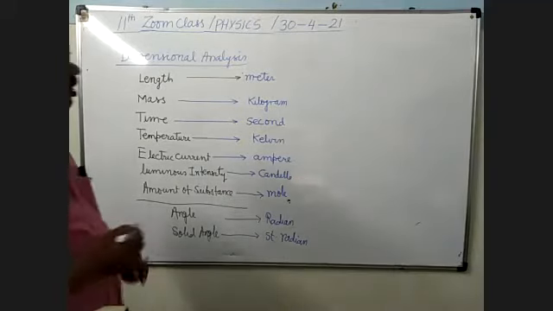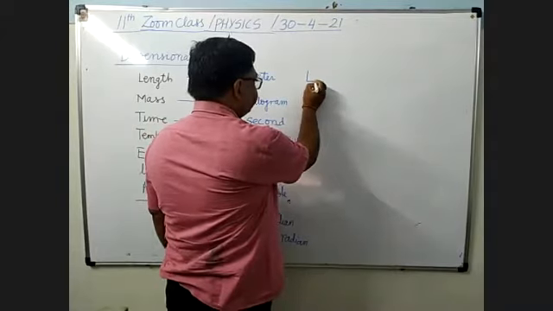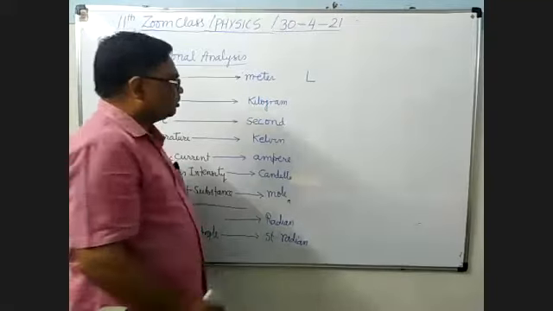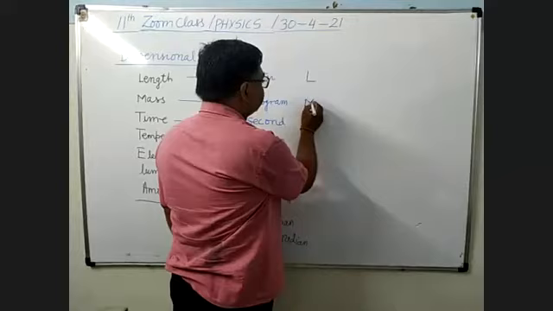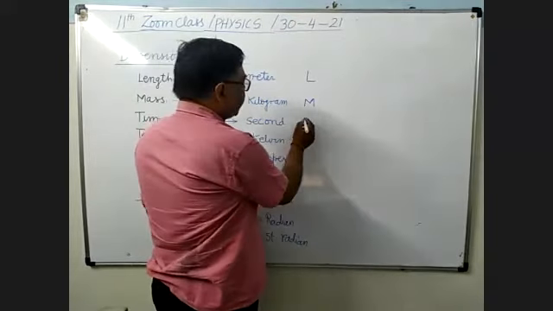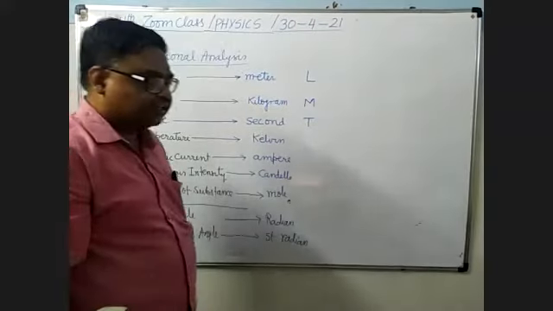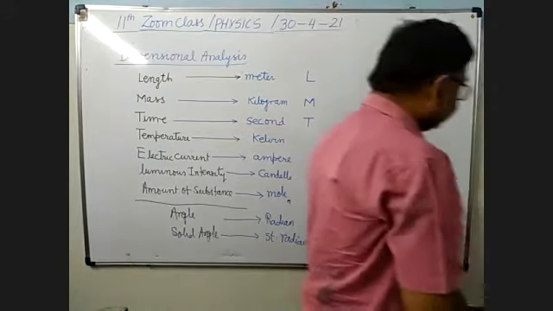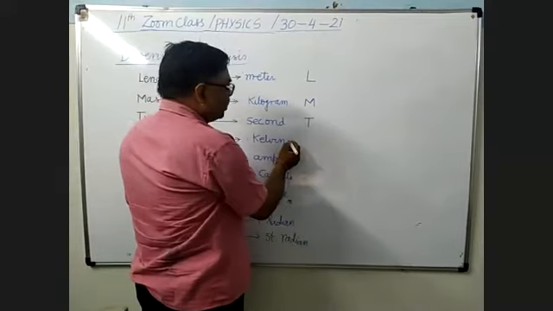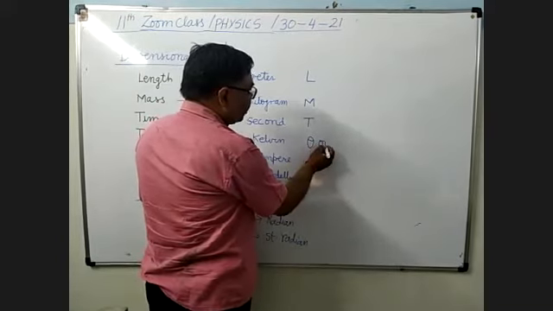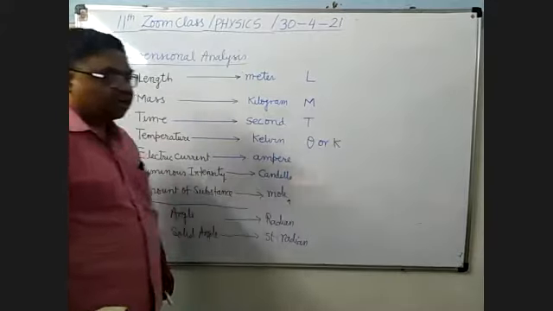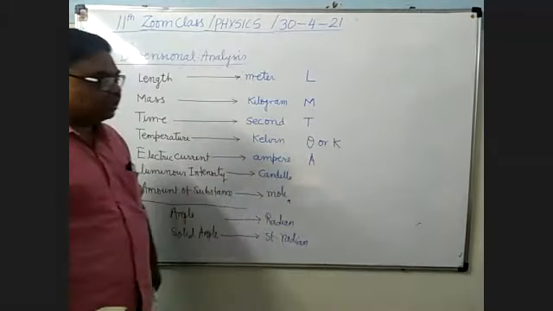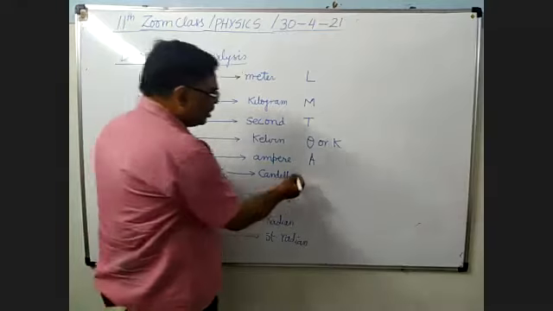For example, the unit of length is represented by the symbol capital L. Unit of mass is represented by capital M. Unit of time is represented by capital T. Unit of temperature is denoted by theta or K. You can use theta or K. Unit of electric current is denoted by the symbol capital A. Candela is CD.